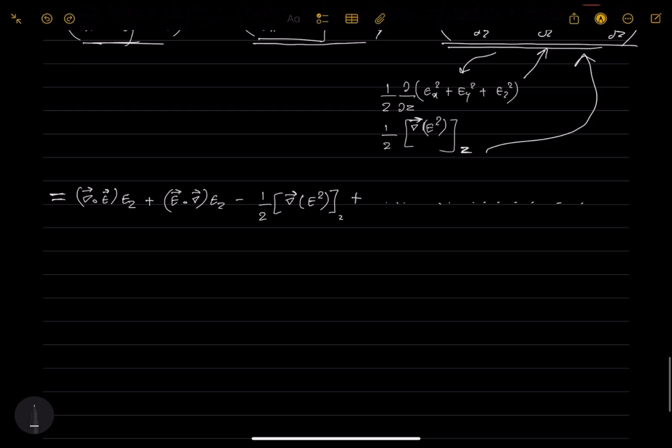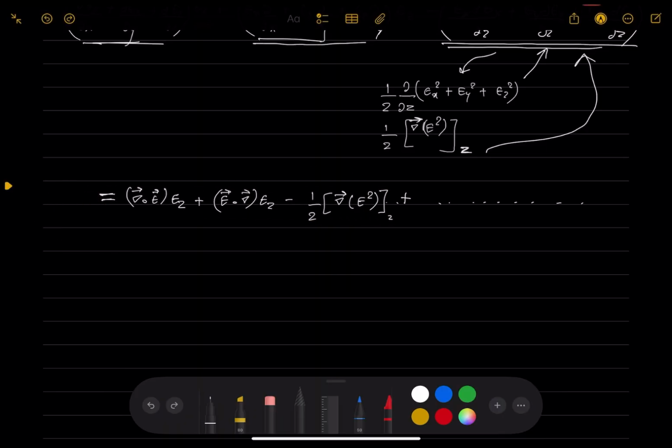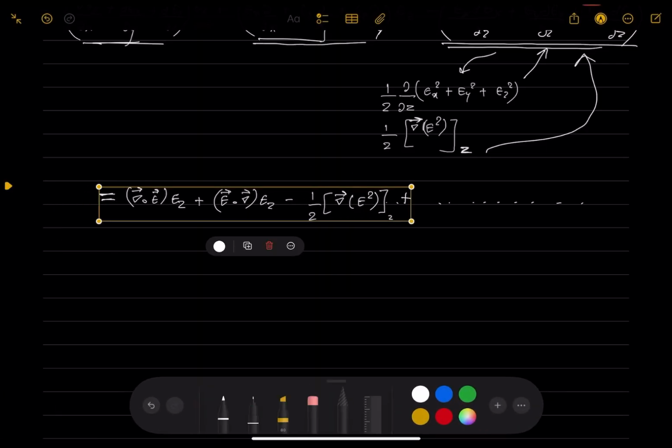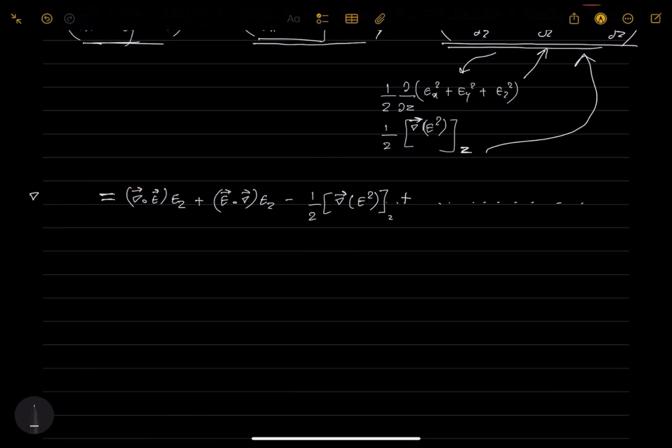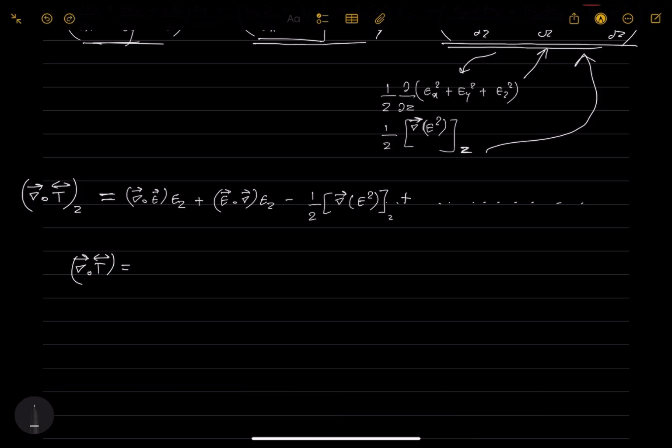All right. So consider what I evaluated here. I basically evaluated the z component of the divergence of the stress tensor. So what if I write the whole vector? What is this going to look like? I think it's pretty apparent.